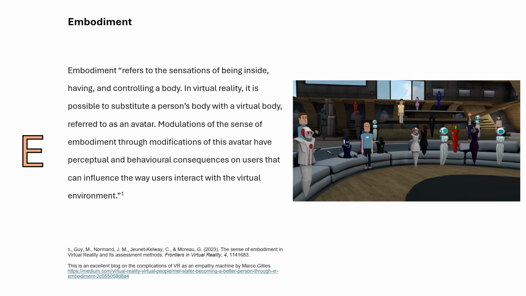Our final one for today is embodiment. Now, we often think about learning as cognitive, but of course learning is an embodied experience, and not only is it embodied, but it's also affective or about emotion, as educational psychologists will tell us. Now, embodiment can mean lots of things in extended reality technology. It can mean the types of avatars that we choose and our control over those and customization.